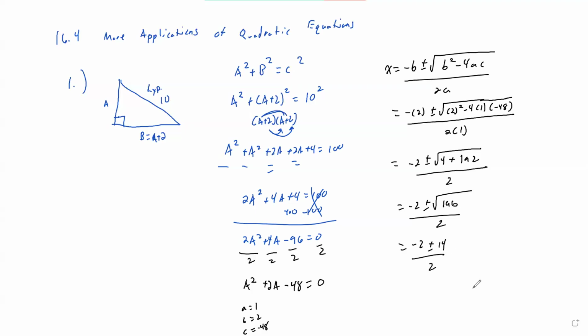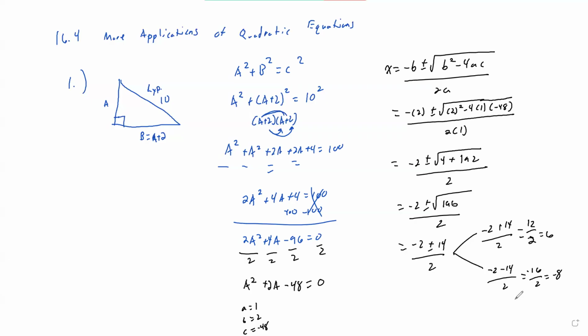We haven't gotten a C that comes out nice and clean, as if it could have been factored. So in this situation, this becomes negative 2 plus 14 divided by 2, and this would be negative 2 minus 14 divided by 2. So negative 2 plus 14 is 12 divided by 2, which gives me 6. Negative 2 minus 14 is negative 16 divided by 2, which is negative 8.